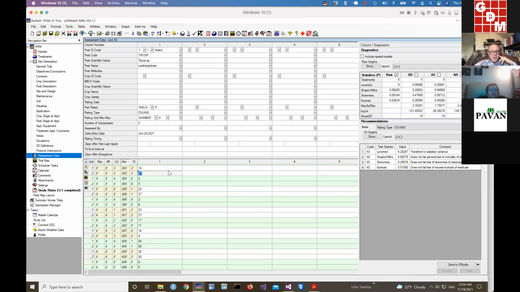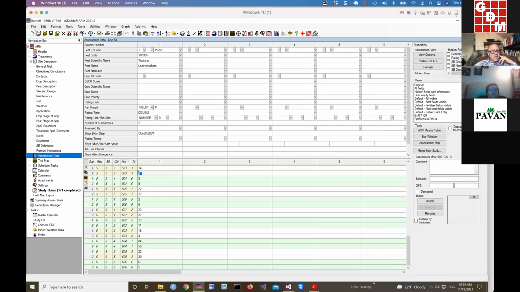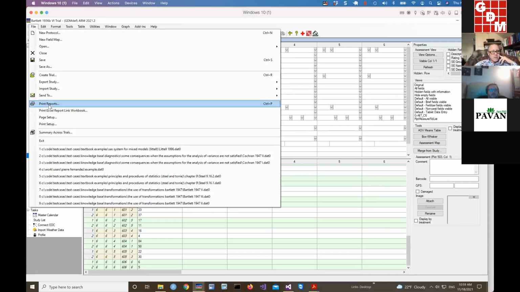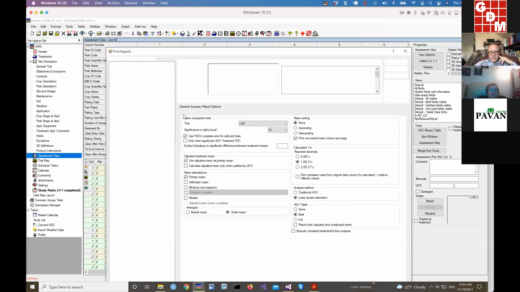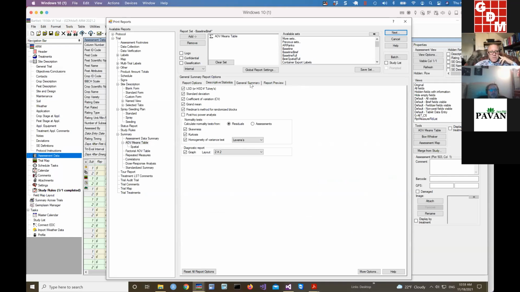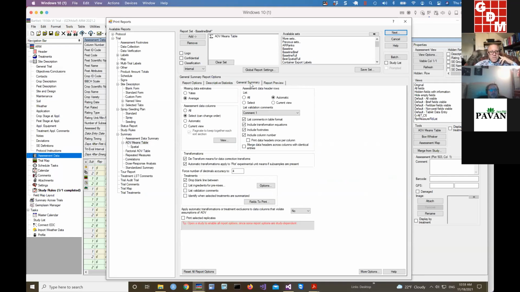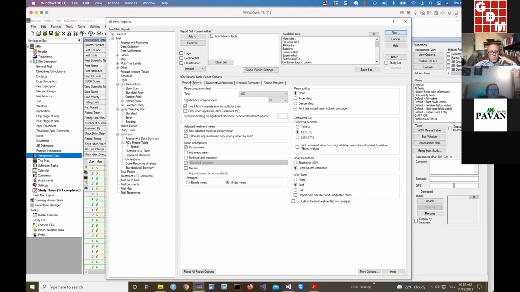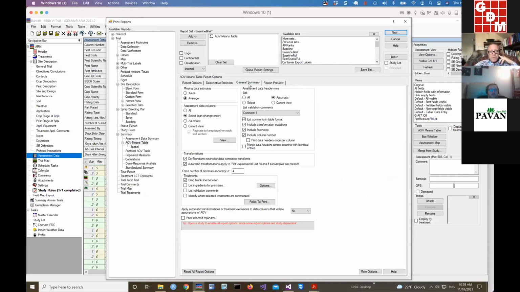Historically, ARM, when you run print reports, and I don't know if I have one handy, does have, let's see. Matt, you're going to have to chime in and tell me which one is the general summary. General summary, second from the bottom. Okay, the apply automatic transformations prompt. There we go.